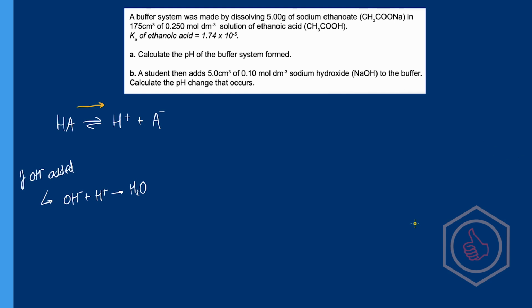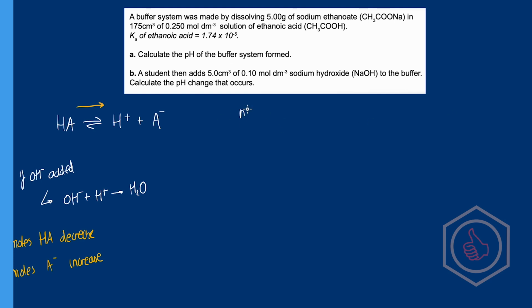This will mean that the moles of HA decrease and the moles of A minus increase. And they actually decrease and increase by the same number of moles of OH minus ions added. So what we need to do is find out how much these change by.